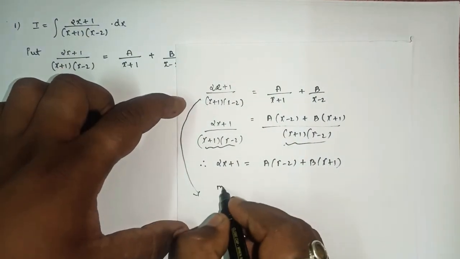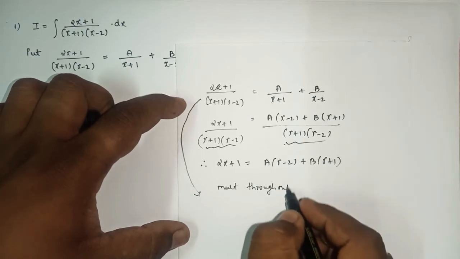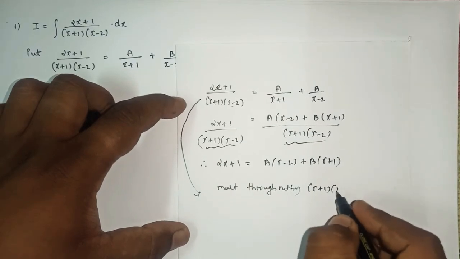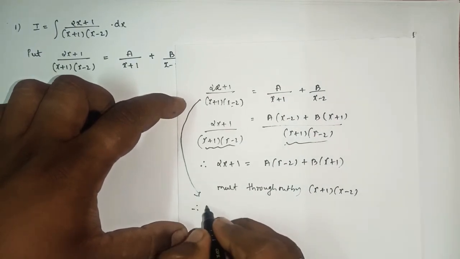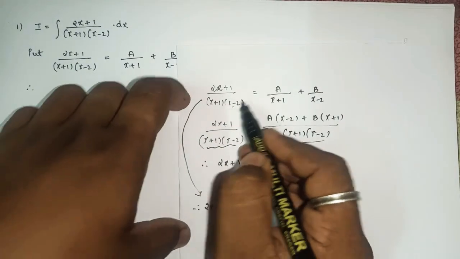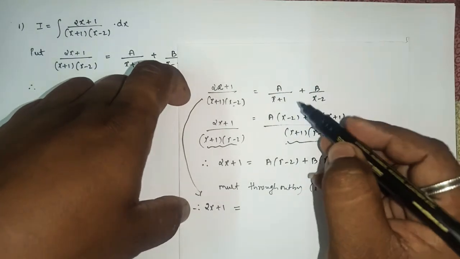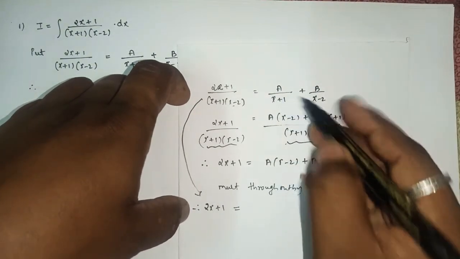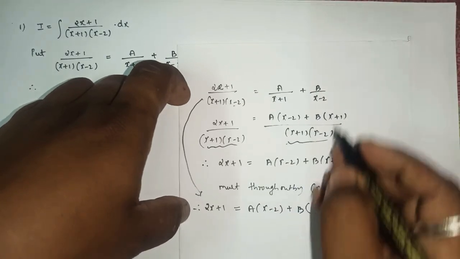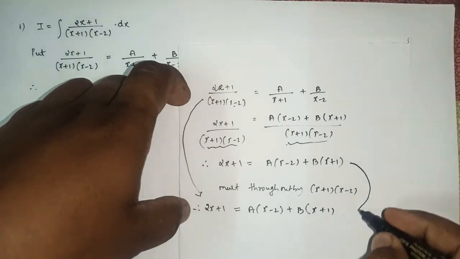Now the second method is what? Simply multiply throughout by this part, (x plus 1)(x minus 2). When you multiply throughout, (x plus 1)(x minus 2) will get cancelled, so you will be left with 2x plus 1 equals, here x plus 1 will get cancelled, so you will get A(x minus 2), and here x minus 2 will get cancelled, so you will get B(x plus 1), as here we are getting the same expression.